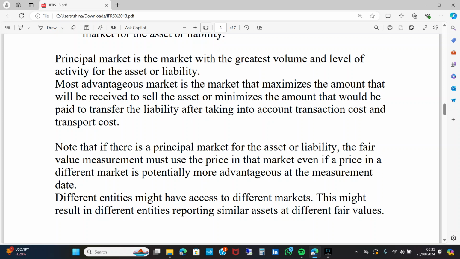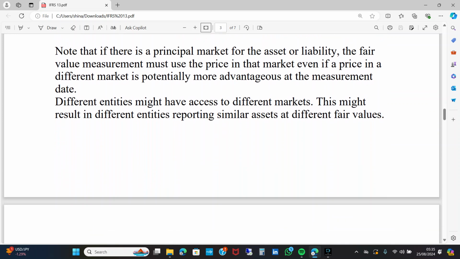So that's what you call most advantageous market. Okay, now note that if there's a principal market for the asset or liability, the fair value measurement must use the price in that market, even if a price in a different market is potentially more advantageous at the measurement date. So what we're trying to say there is that there's a priority to market.